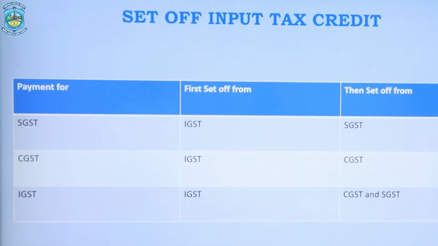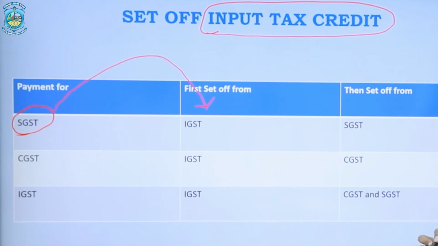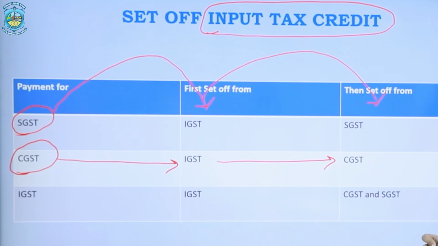Moving further, if you have input tax credit of SGST, it shall first be utilized in the payment of IGST and then you can utilize it for the payment of SGST. Similarly, if you have input tax credit of CGST, you will utilize it for the payment of IGST and then for the payment of CGST.